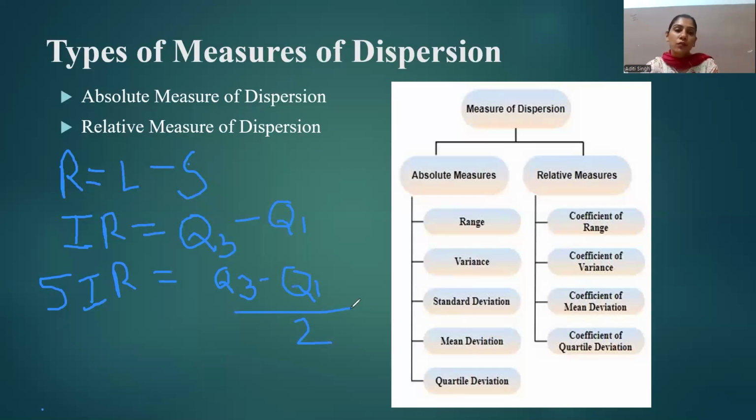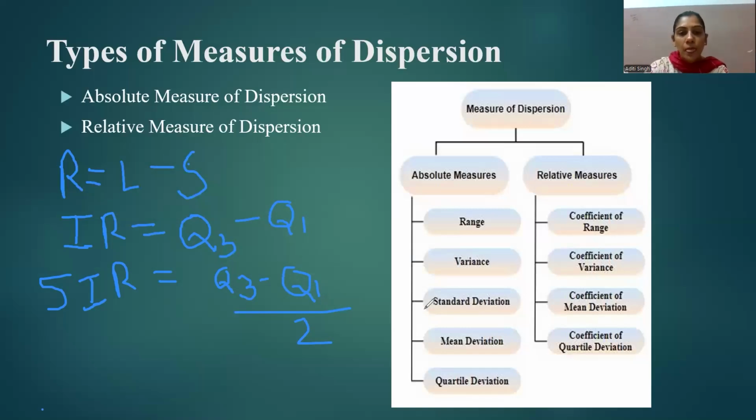So this is the formula of the semi-interquartile range, and that is the formula of the interquartile range. The semi-quartile range formula is Q3 minus Q1 divided by 2, as it is expressed as half of the difference between the upper quartile and the lower quartile. So this is how we calculate this.